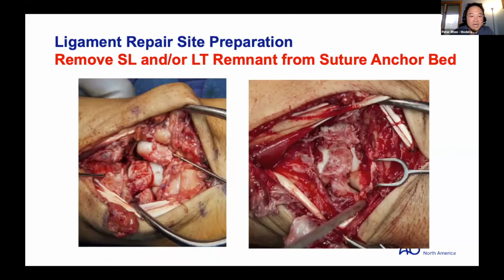And then once you identify how you're going to fix it, I do think it's important to decorticate or remove all that avulsed fibrous scar tissue so you can actually give your intact or your remaining SL or LT a chance to heal down onto a good bed. And so I think decorticating and preparing that bed for your eventual SL and LT repair is quite important.